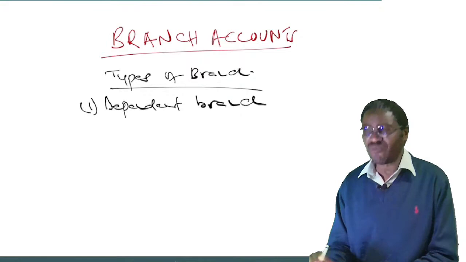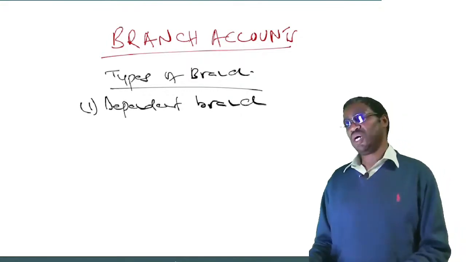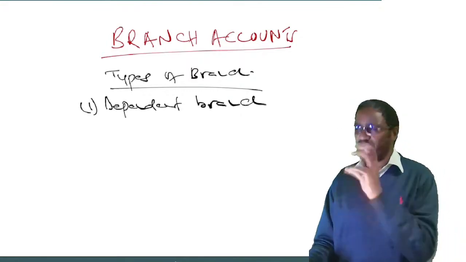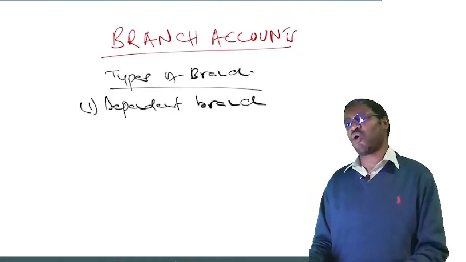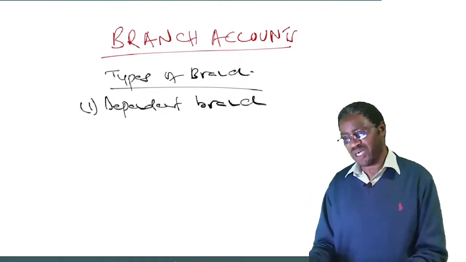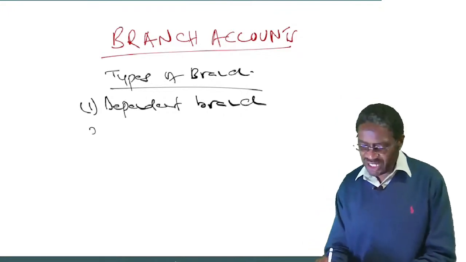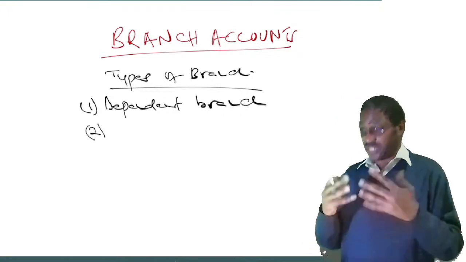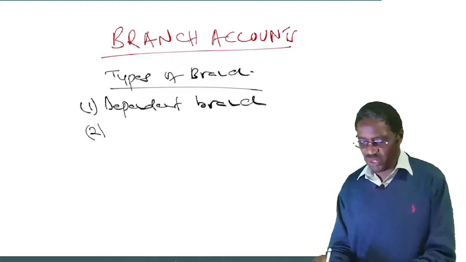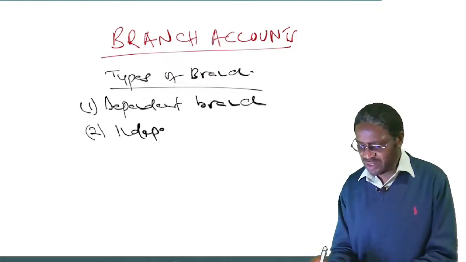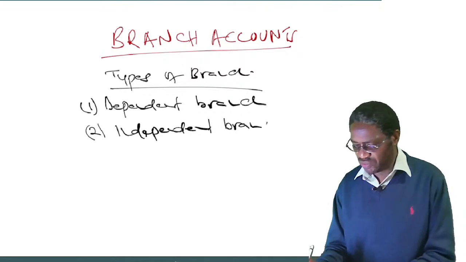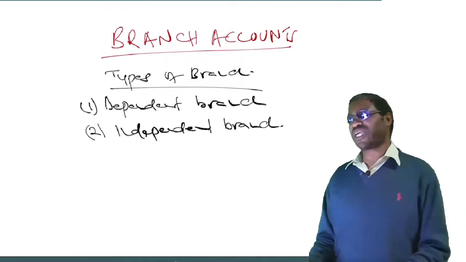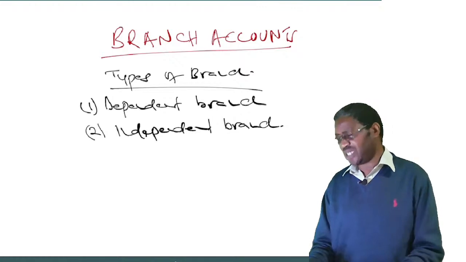The second type of branch is what we call an independent branch.